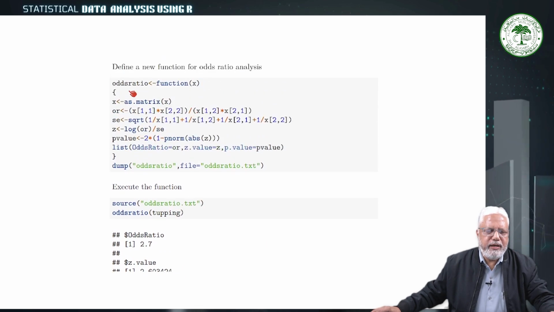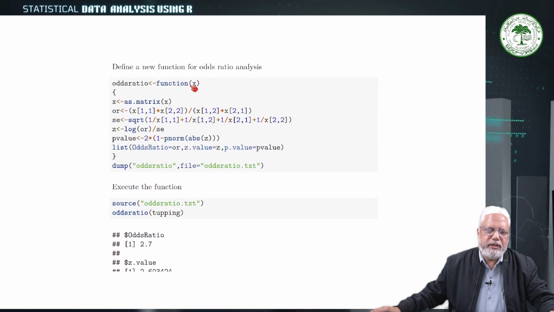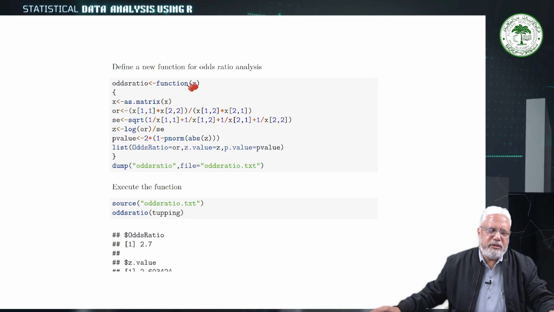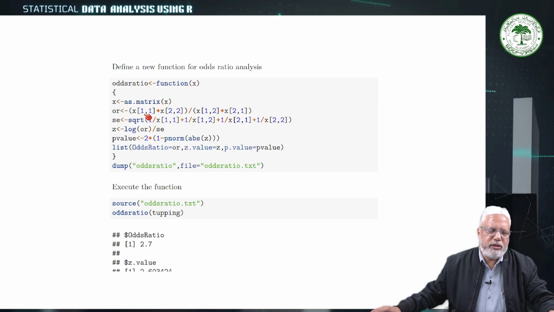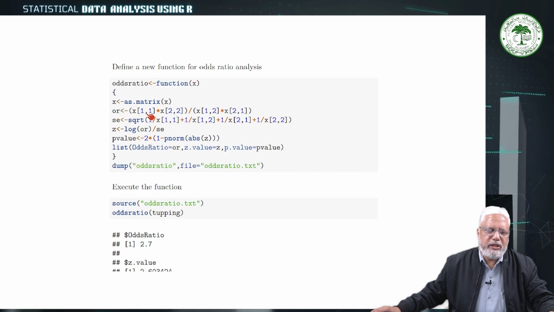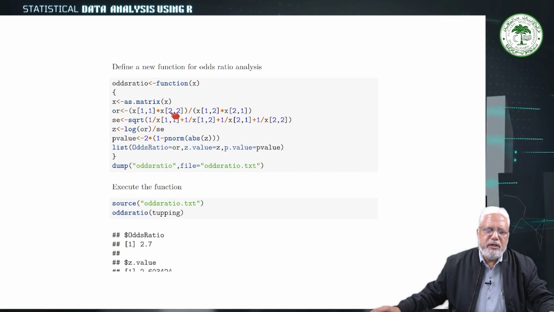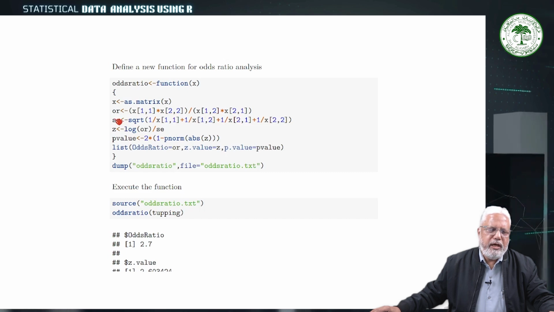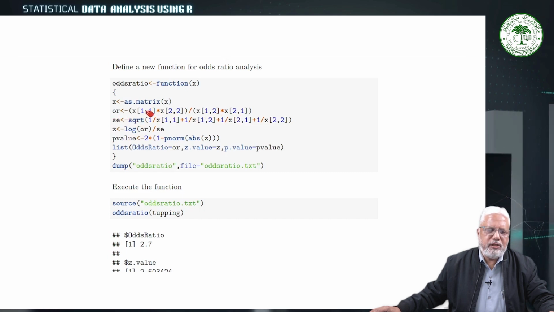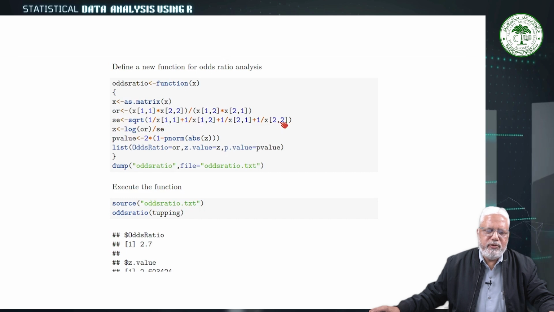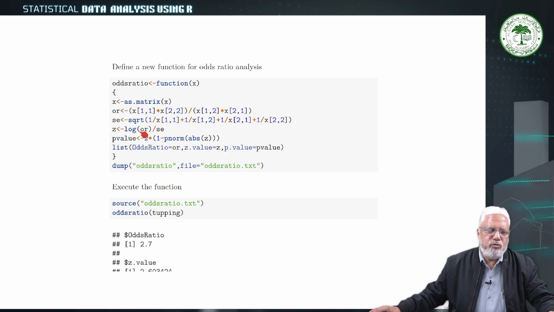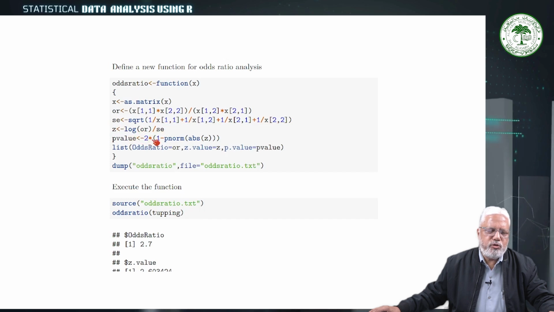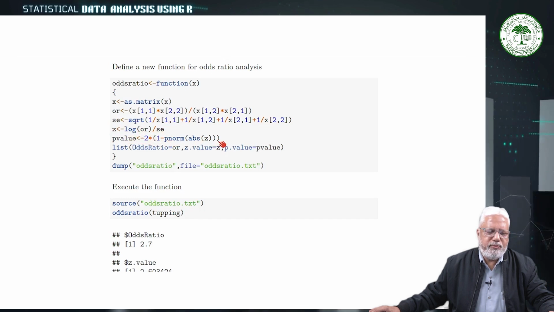First, I would like to define the odds ratio function of x, where x is a data matrix. X is equal to as.matrix(x) to ensure that the object is a matrix. Then odds ratio is equal to x11, the first diagonal element, times the second diagonal element, divided by x12, the non-diagonal element, into x21. The standard error is from the inverses of these elements, and z is equal to log of OR divided by SE. The p value is twice into 1 minus pnorm of the absolute value of z.